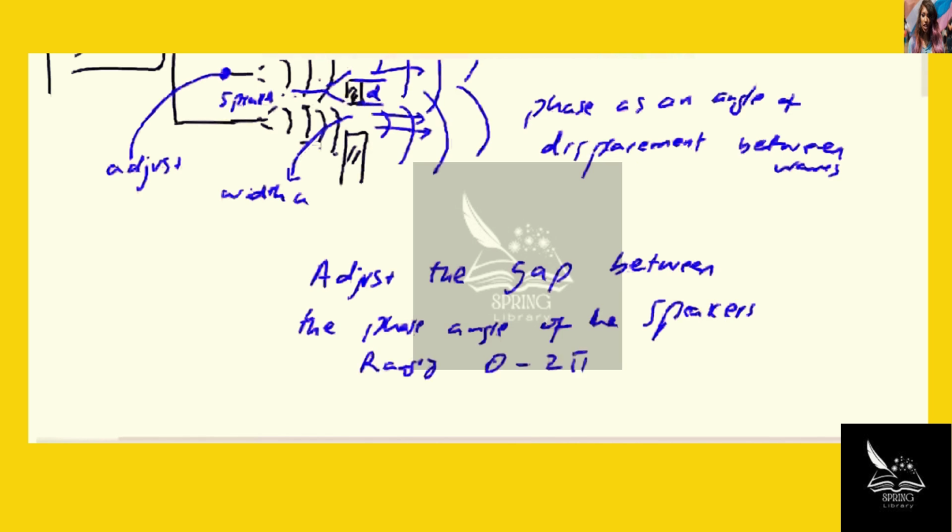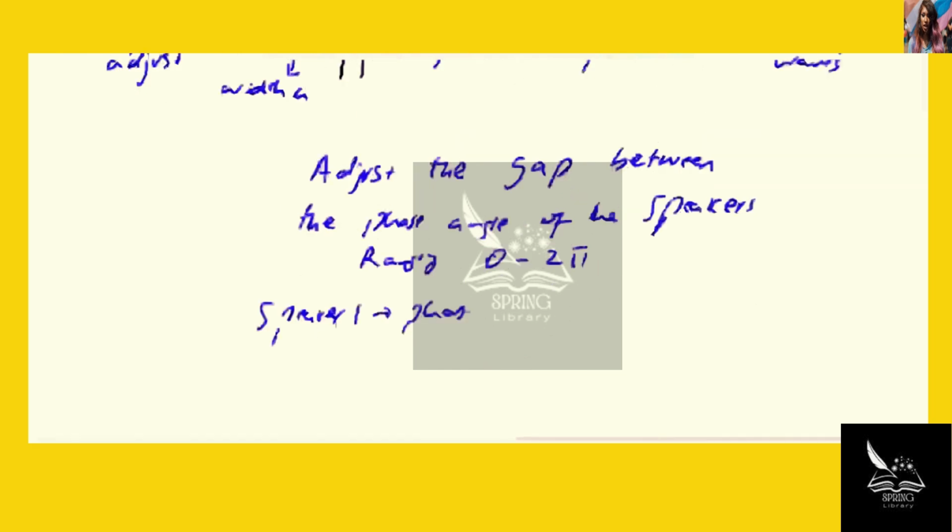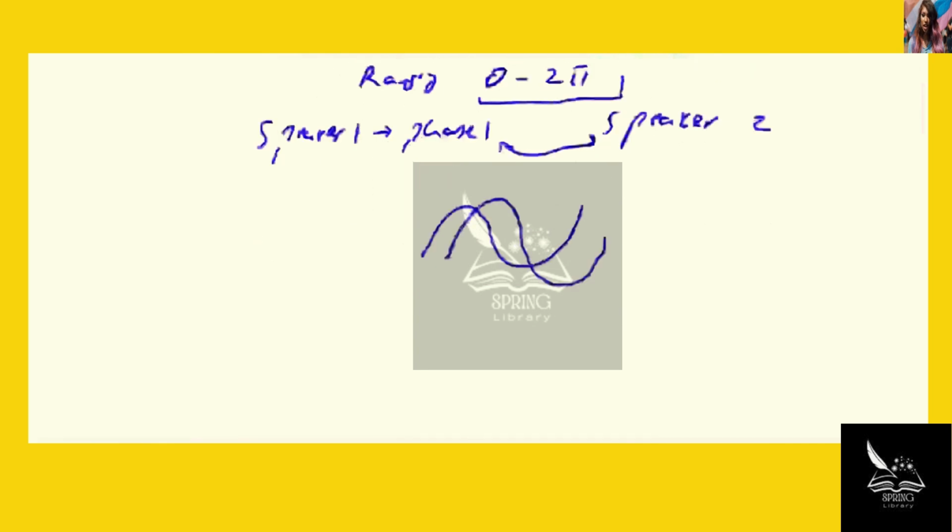So speaker one has phase 1, and speaker 2, we have 2 speakers in openings, has phase 2, and between them there's a gap from 0 to 2 pi in terms of phase angles. If you want to think of it in waves, you have one wave and then you have the other wave coming in. So this gap right here, we want to vary from 0 to 2 pi. That's the gap we're looking at.